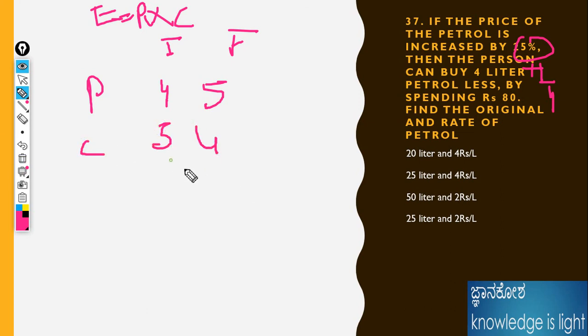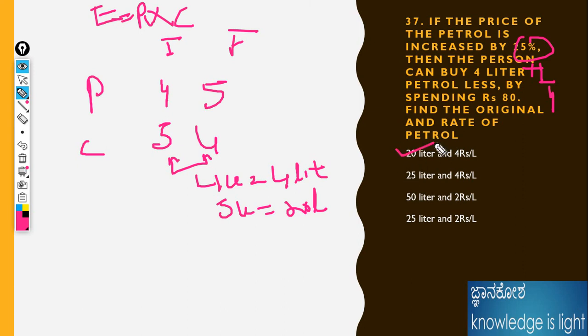Therefore, after the decrease, the difference of 1 unit is equal to 4 liters. Then what is the initial consumption? 5 units is 20 liters. Therefore 20 liters is the original consumption. After decreasing, what should be the answer? 5 is to 20, so 4 is to 16.